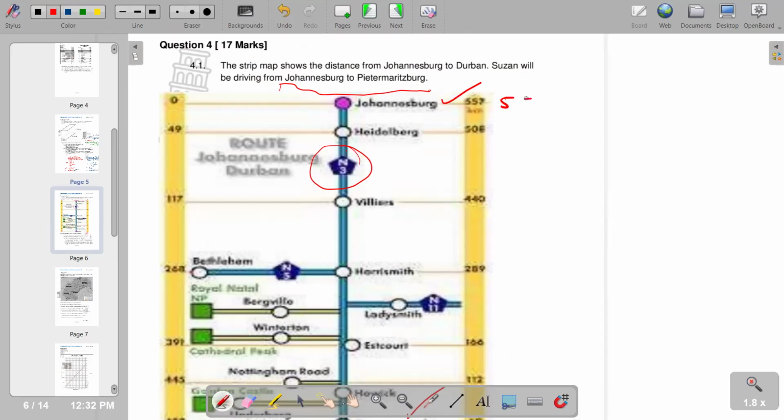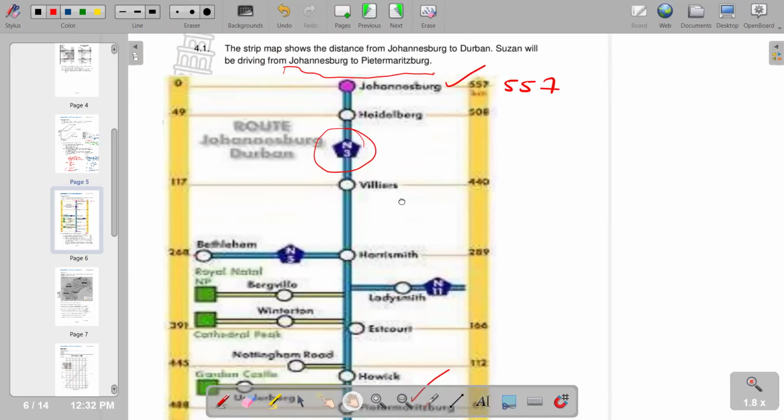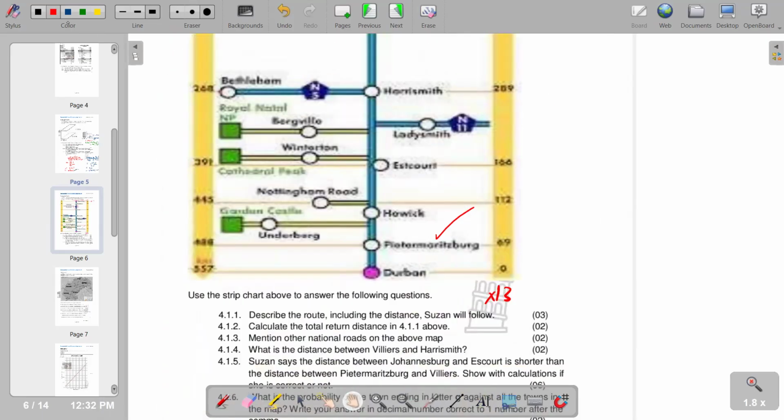From Durban to Pietermaritzburg, we've got 69, which is here. So the distance that we want is from Pietermaritzburg to Johannesburg, so we can just remove the 69 from the total.